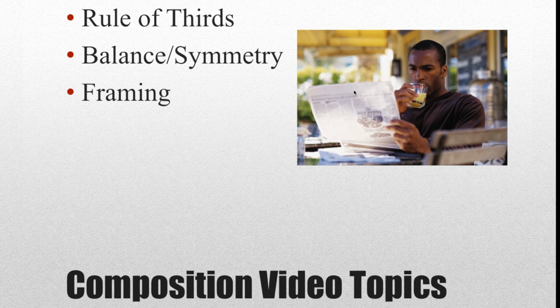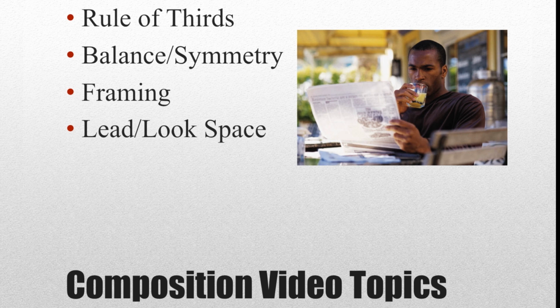This image is framed because this part of the frame is out of focus. So focus becomes a sort of an instrument of framing. But mainly, when we're framing something, we see a natural frame like a window or a doorway or whatever would frame a subject in the image.